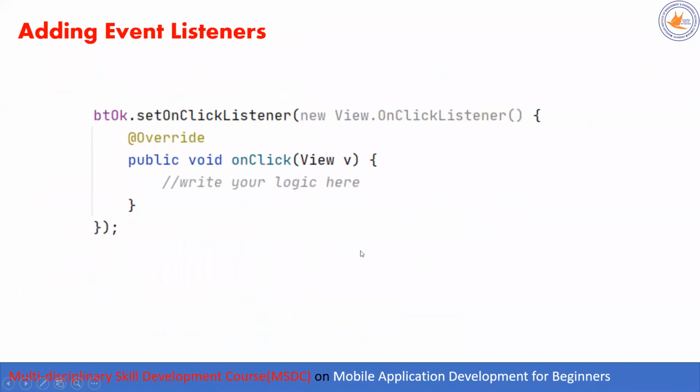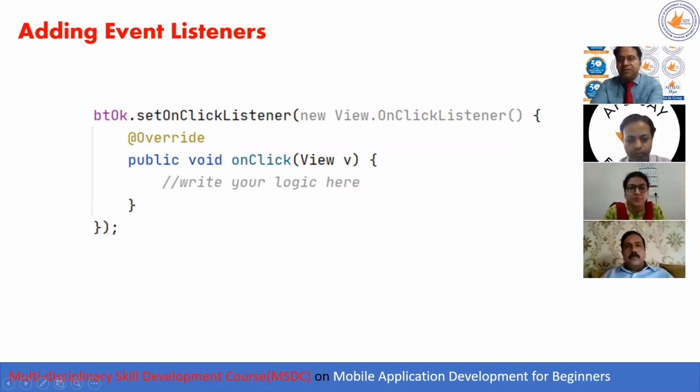So we can add listeners. Just like when we click a button, what will happen on the click can be programmed here by setting the listeners. That is another aspect we'll talk about.